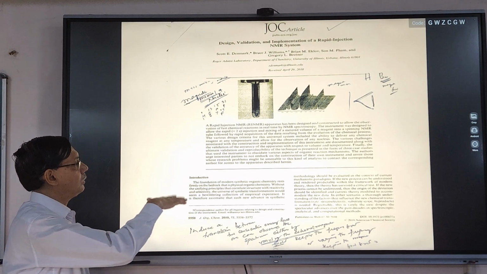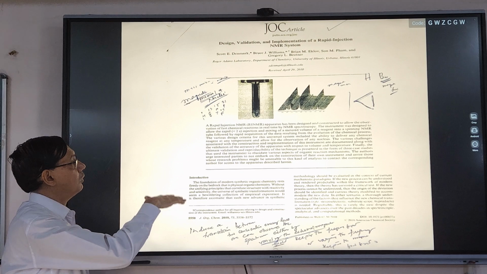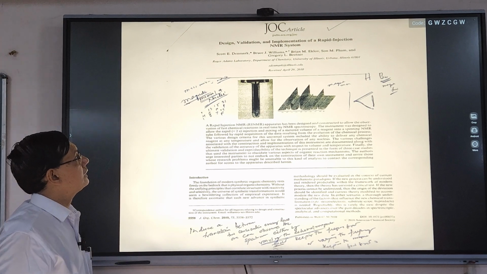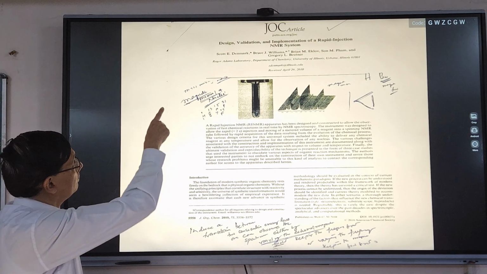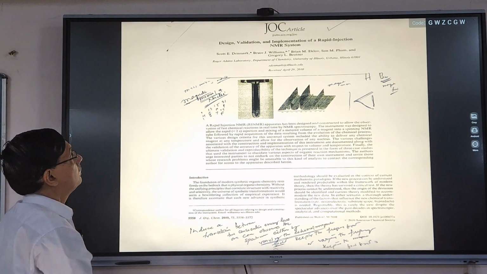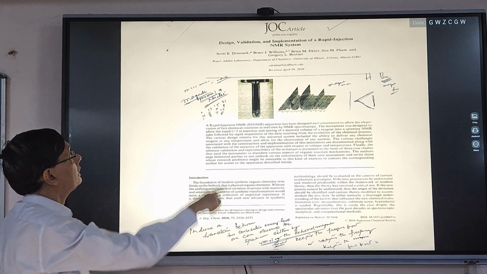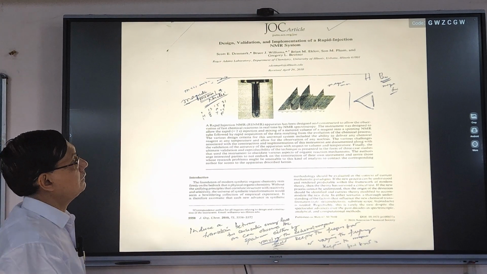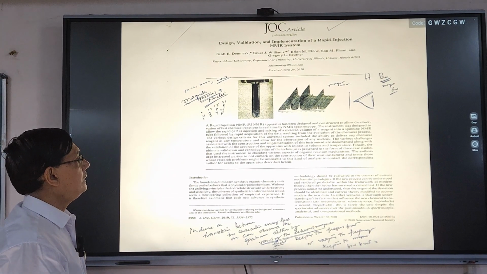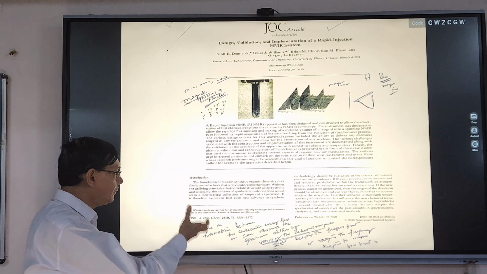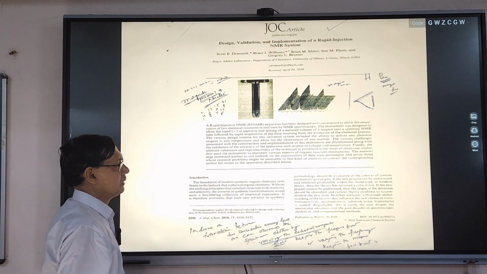So sometimes that is called the online type of NMR system, because you have to do the design, validation and implementation of the rapid injection NMR method, and it depends upon the type of the organic reaction or any type of enzymatic reaction.